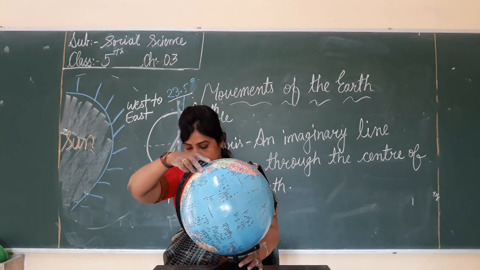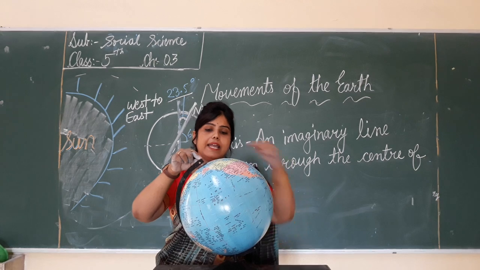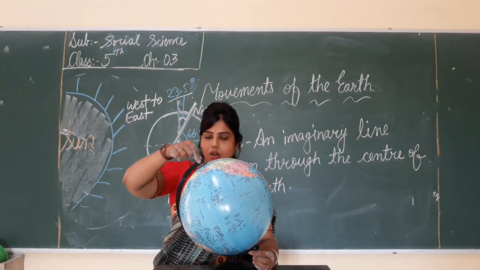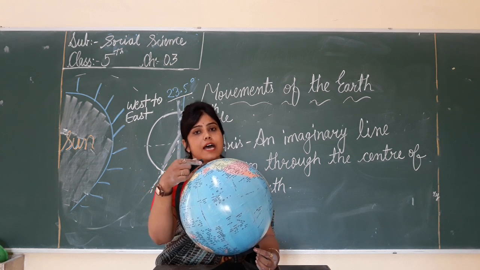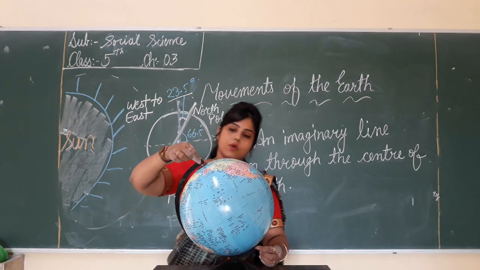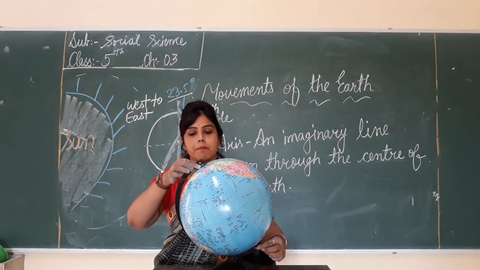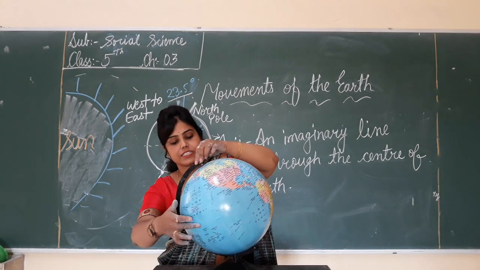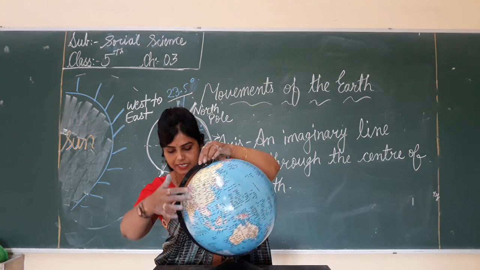So this is the imaginary line drawn through the earth, that is called the axis, and it has two fixed points, the North Pole, and at the bottom the South Pole. And when the earth rotates, it's not exactly upright, it's tilted.